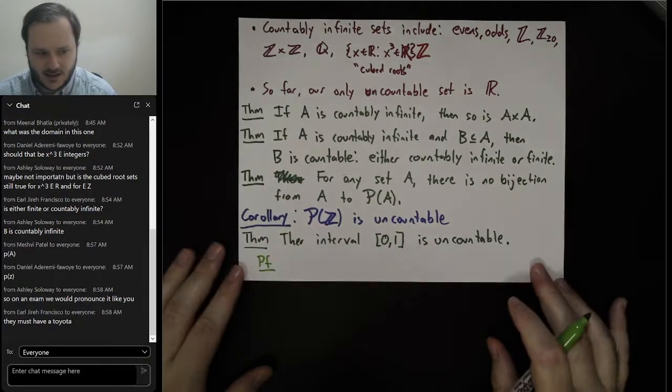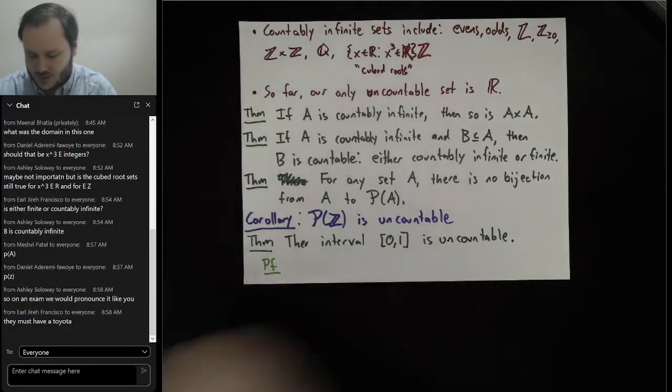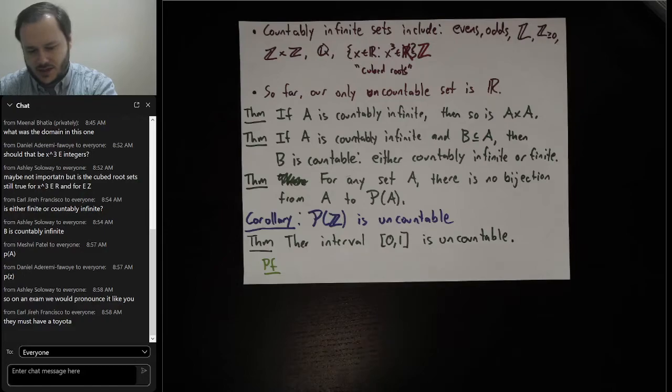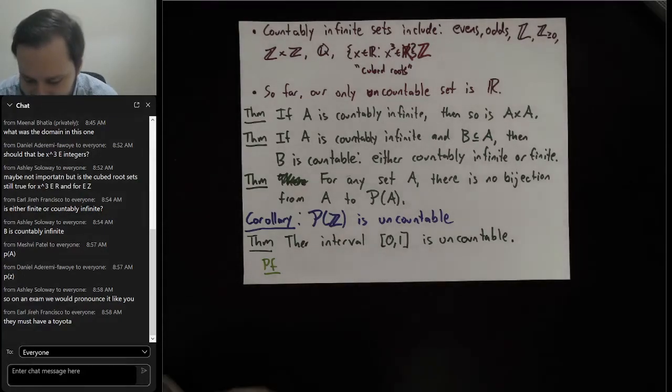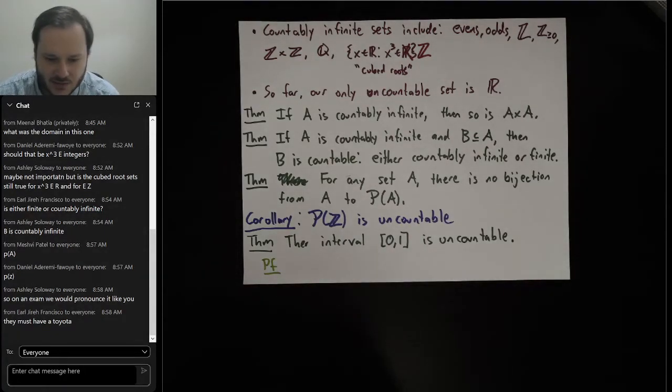This is just like a really cool proof that I like. The idea is that I want to find a bijection between the real numbers and 0, 1. I need a function where I can plug in any real number and I just get out an answer between 0 and 1.